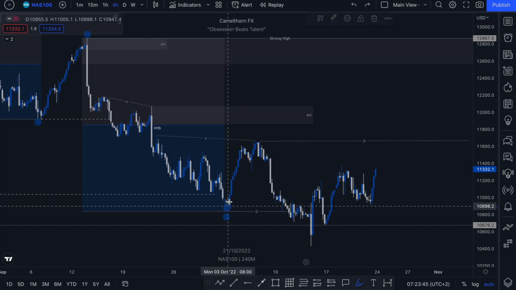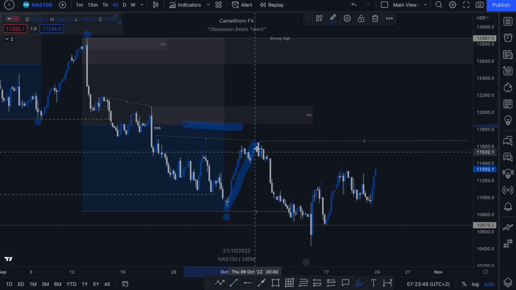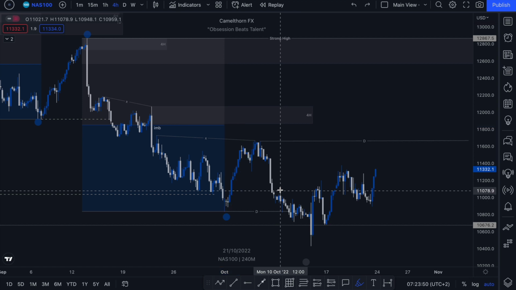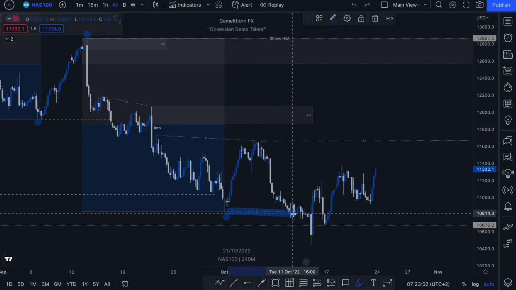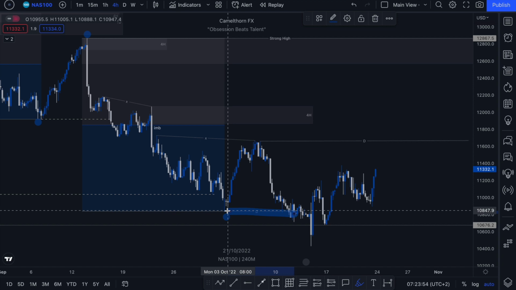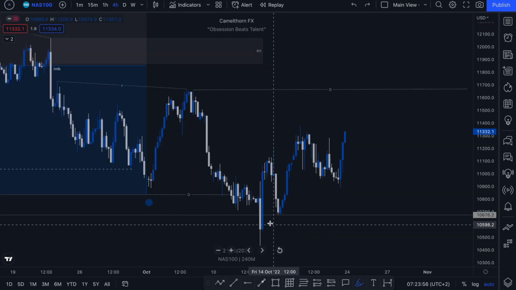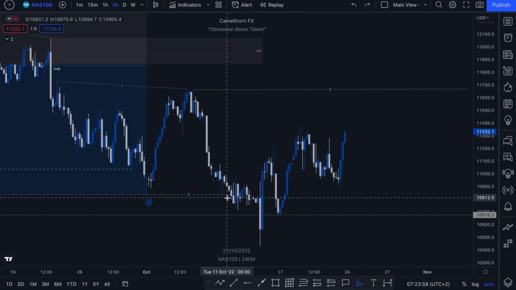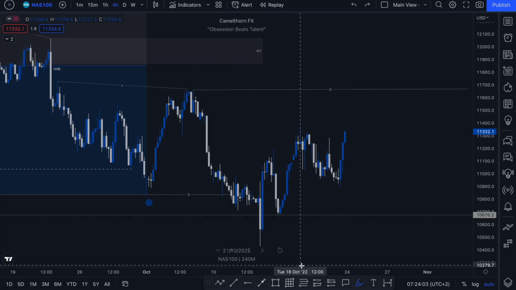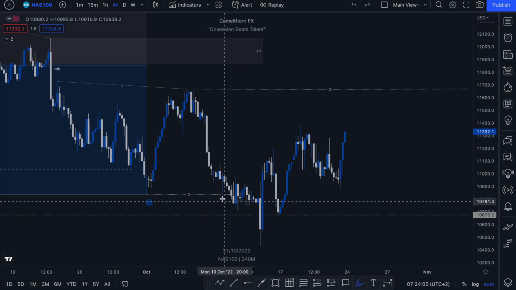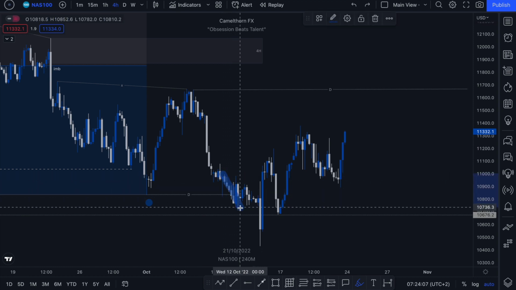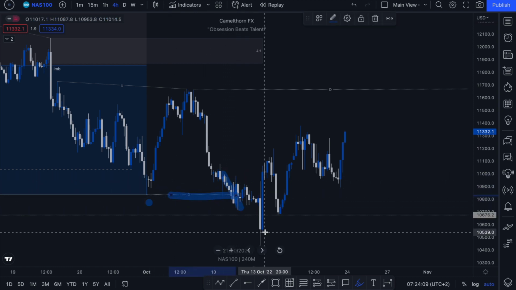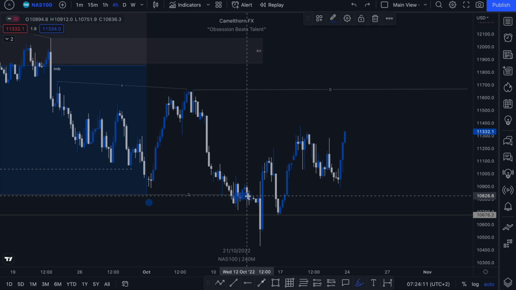But even though price action didn't quite get to the equilibrium before rolling over, notice how this particular daily change of character, this break of structure to the downside on the 4-hour, wasn't a break of structure with the most conviction. The reason I say that is because you can see that after price action pushes past this level, it kind of trickles sideways.